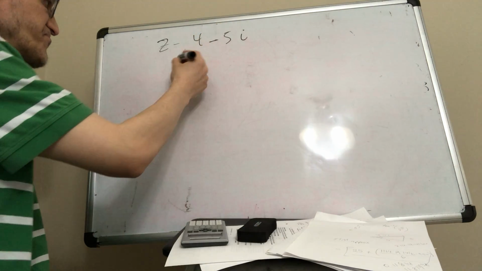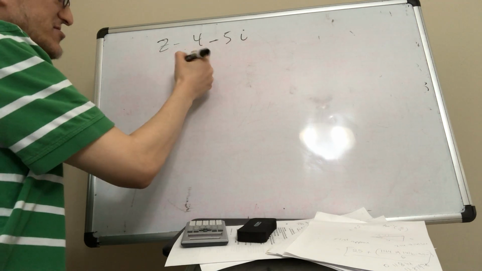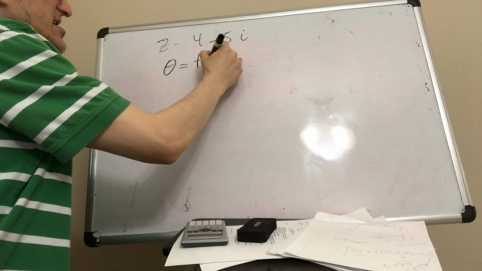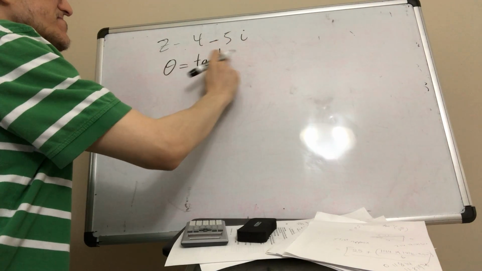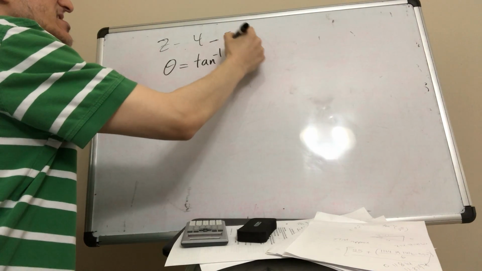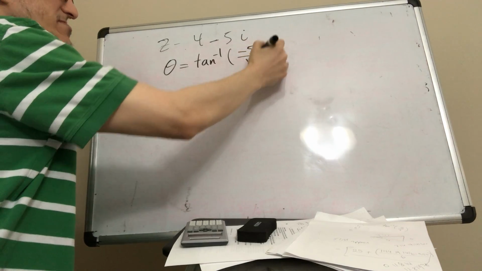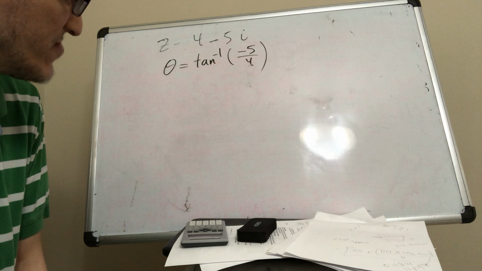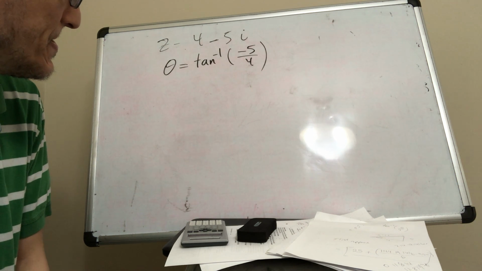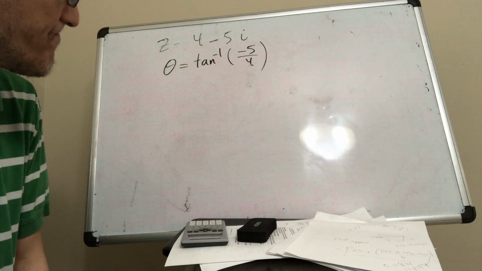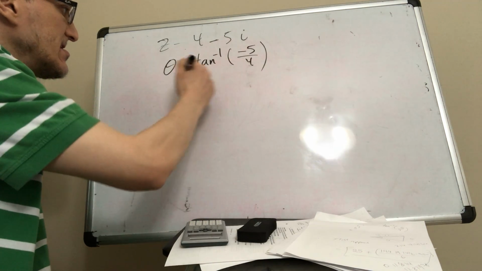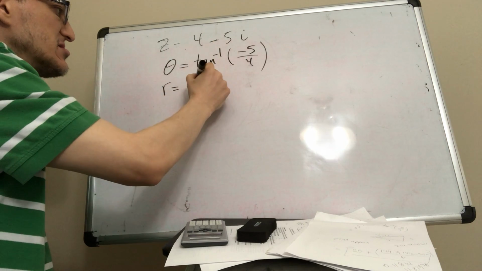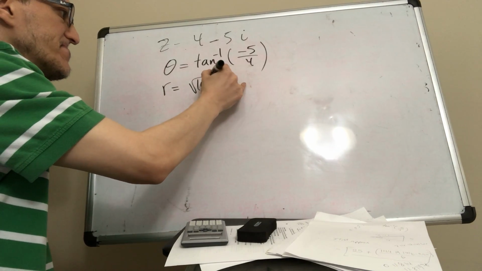Well, argument, again, theta, is the tan inverse of imaginary over real. So it's the tan inverse of negative 5 over 4. Now, magnitude doesn't change. It was still 16 plus 25.